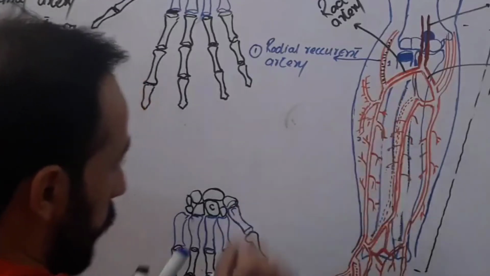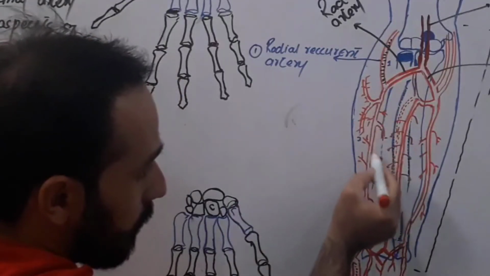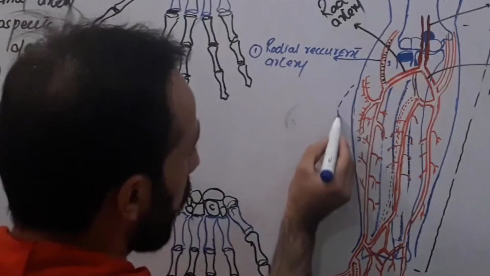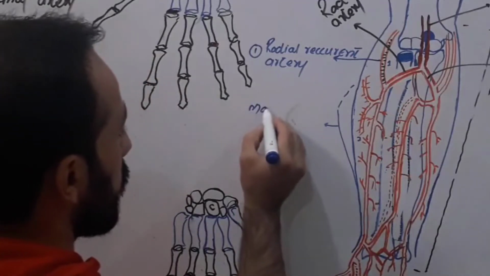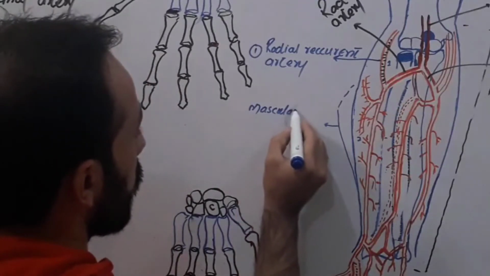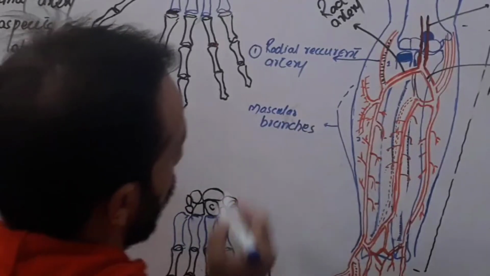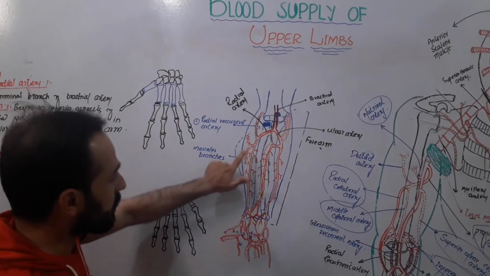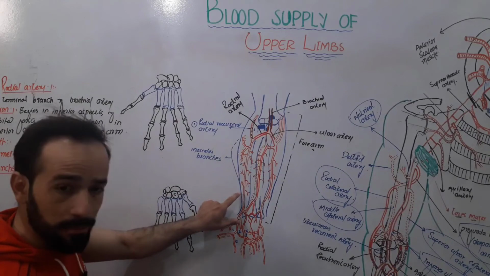Then moving further down, you can see these small branches, right? These are the small branches, and I will name them as the muscular branches. So the second class of many but small arteries which arise from this radial artery are the muscular branches.